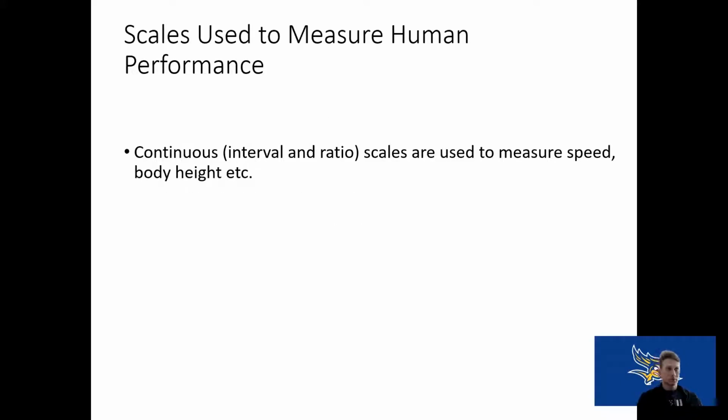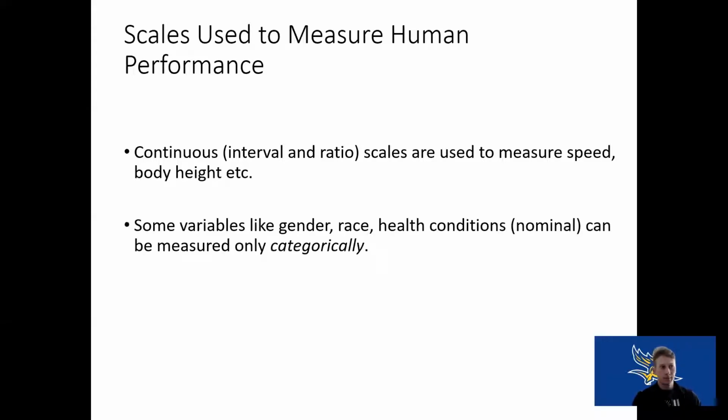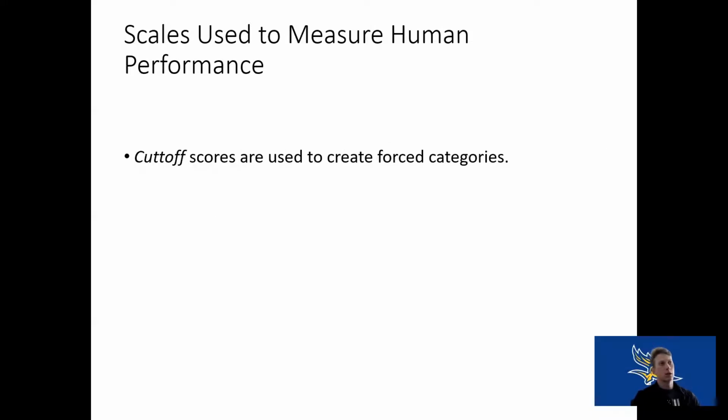Okay, so within human movement, most of what we're dealing with is a continuous scale measurement. And then we have some categorical or nominal variables like gender, race. These are categories, and there is a set cutoff for what falls into each of these categories.